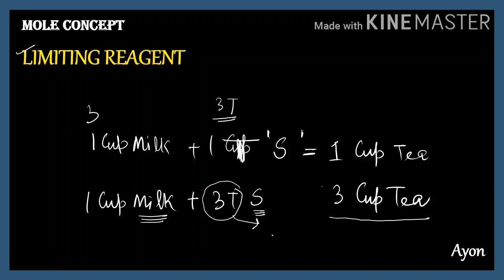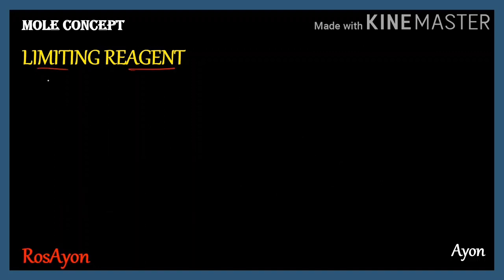What is the amount of excess reagent? That is equal to 3 teaspoonful minus 1 teaspoonful, that is equal to 2 teaspoonful, because here only 1 cup tea can be made.